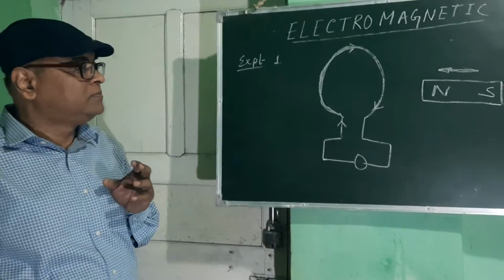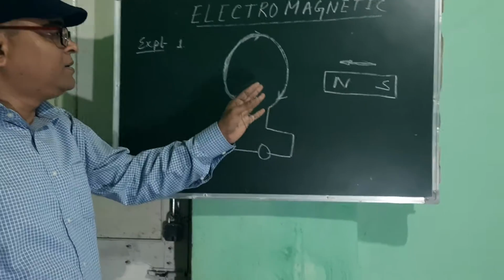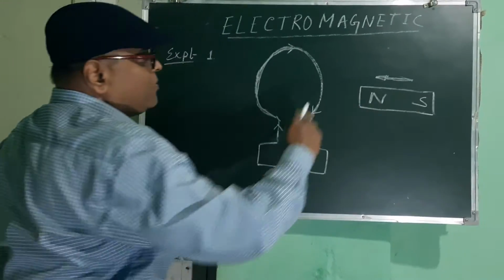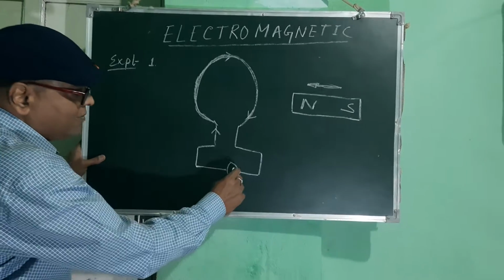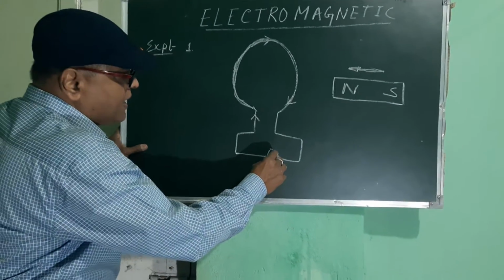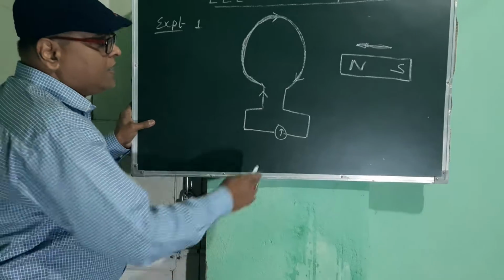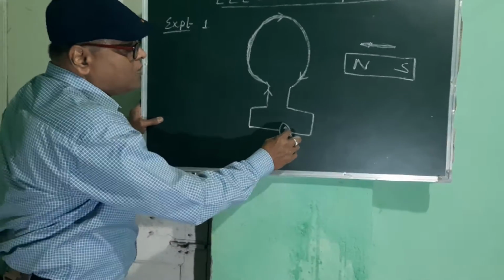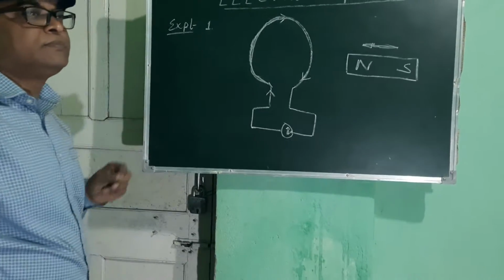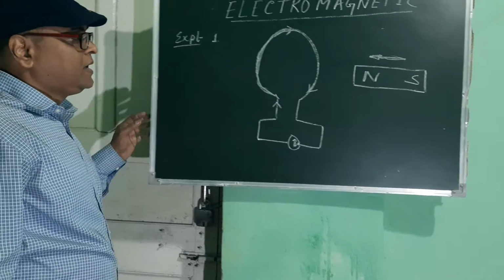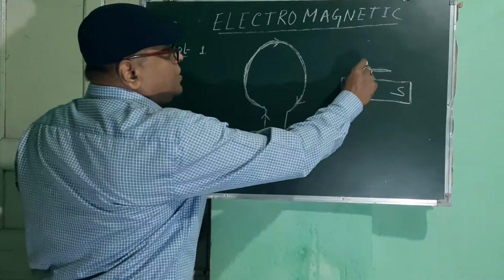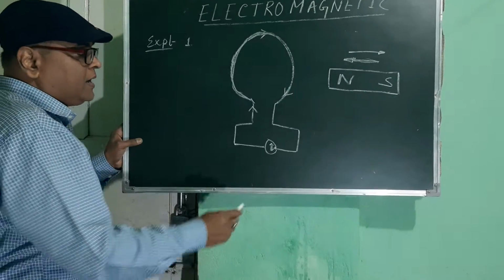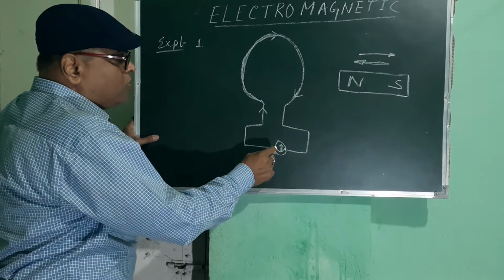Now when the magnet is moving towards the coil, what will happen? The galvanometer is present here. The galvanometer will show instantaneously one deflection. Similarly, if it moves away from the coil, the galvanometer will show opposite deflection.